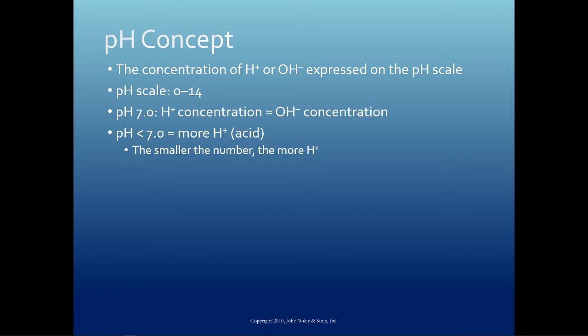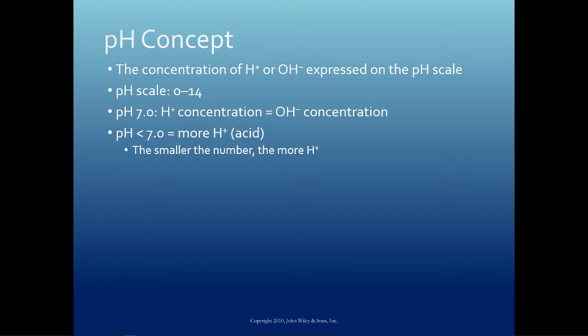The smaller the number means the more hydrogen ions we have in there. It's what we call an inverse log in math. So it's inverse, which means that the smaller the number, the greater the concentration, and it's a log. If we remember from math class, log is a power of 10. So every whole number jump is a power of 10.